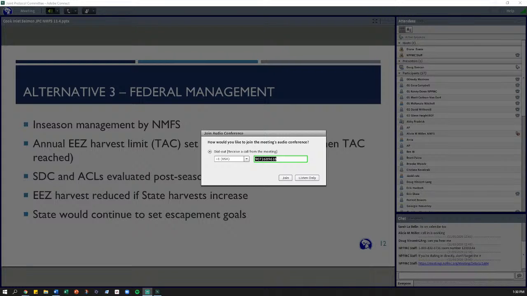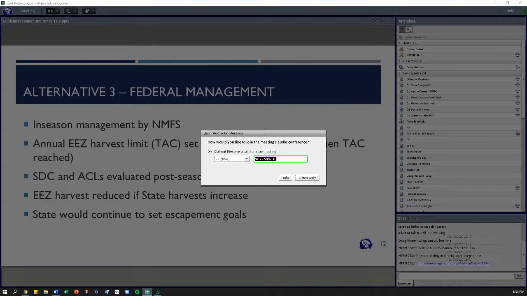Moving on to Alternative 3, which would be federal management of the EEZ without delegation to the state of Alaska. Under this alternative, the National Marine Fisheries Service would do in-season management for the fishery in the EEZ.